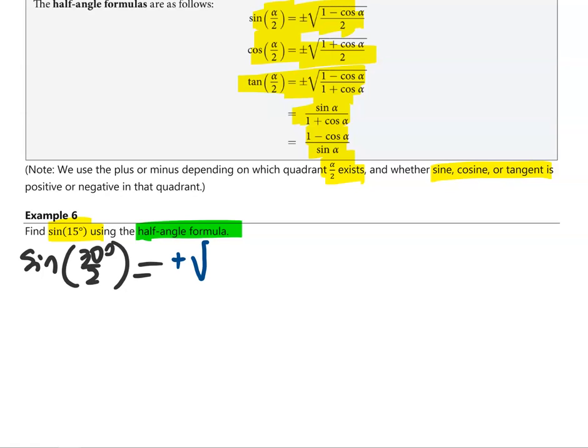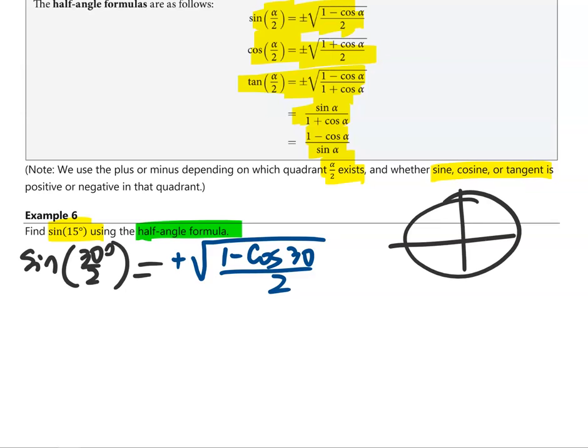So that is square root of 1 minus cosine of 30, our alpha is 30, over 2. And what is cosine of 30 degrees? So again, this is 30 degrees, and we know the coordinates are square root of 3 over 2 and 1/2. So cosine is square root of 3 over 2.